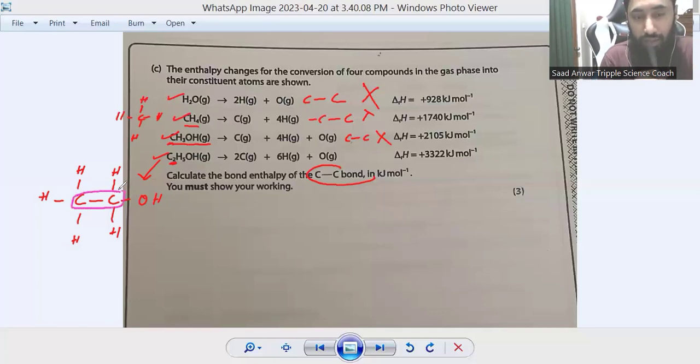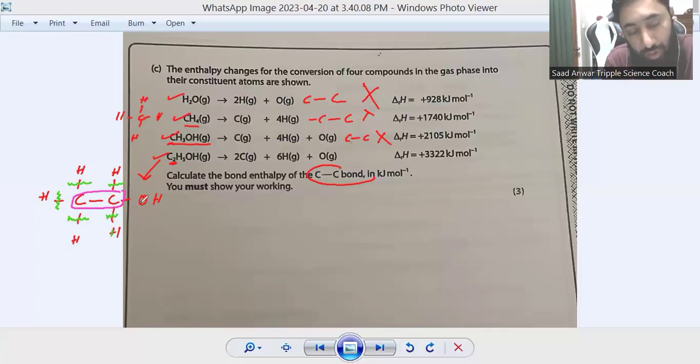But to find it, I need the bond enthalpy for the carbon-hydrogen bond as well, for each of these carbon-hydrogen bonds.